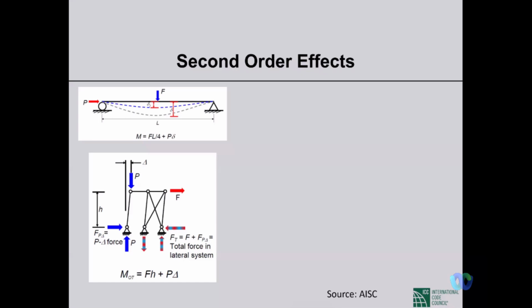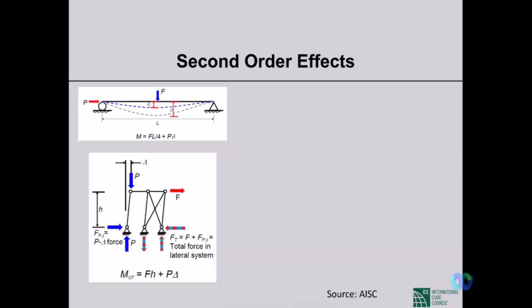But at the global level, for the whole structure, for example the one I'm showing at the bottom of the page, this is a brace frame. Due to the lateral load, the red F at the right side, there is a sway, a drift of the frame.